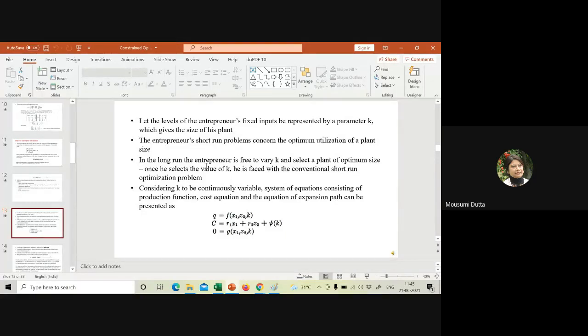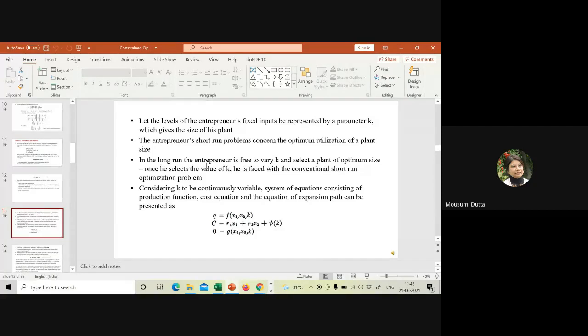In the short run, because some of the factors of production are fixed, the firms face a particular plant size. In the long run, the firm can select the optimum plant size depending on the market demand for the commodity.